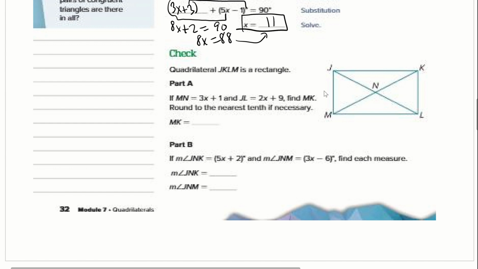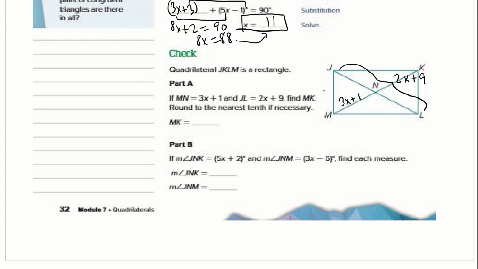All right, so quadrilateral JKLM is a rectangle. Part A, if MN equals 3x plus 1, JL is 2x plus 9. Find MK. Round to the nearest tenth if necessary.